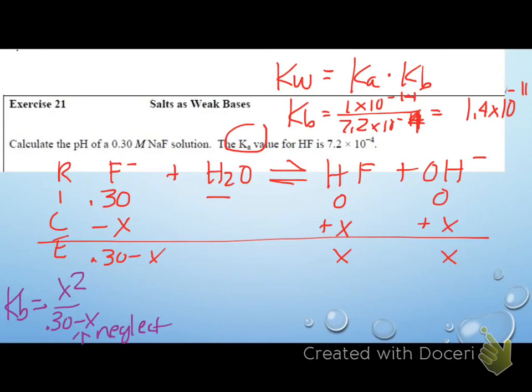Okay, so now we put all of that in there. x squared over 0.3, and algebra it. And x is going to be equal to 2 times 10 to the negative 6.